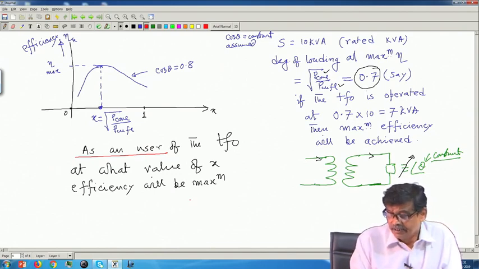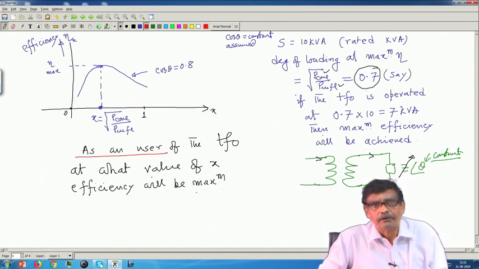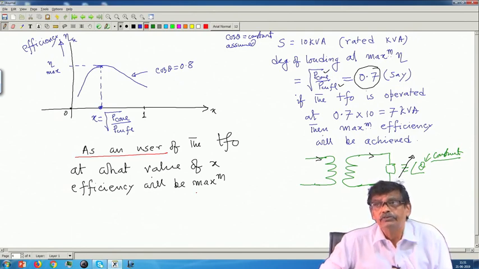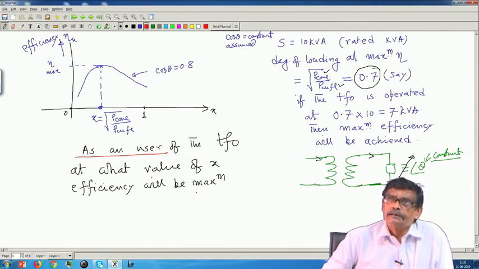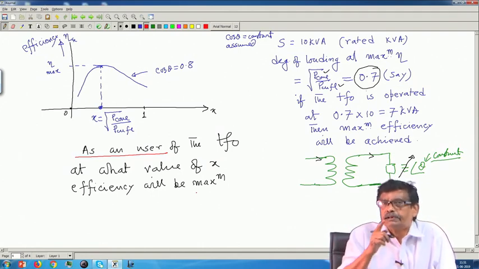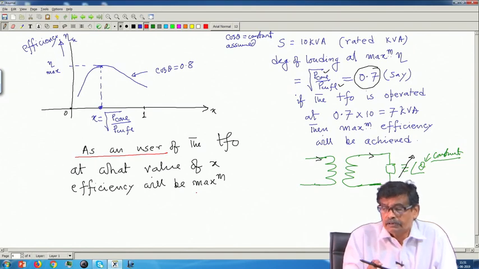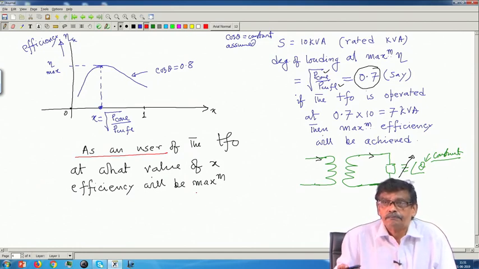These are the things which we will discuss, a very interesting point. When you purchase a transformer, you know for what use you will be using that transformer, and whoever is the manufacturer of the transformer, I will ask while purchasing it: look here, you design a transformer whose maximum efficiency should occur at so much value of x.